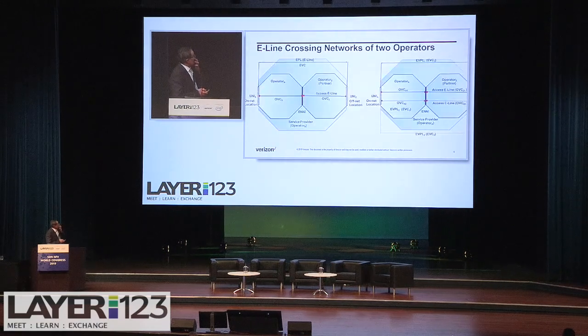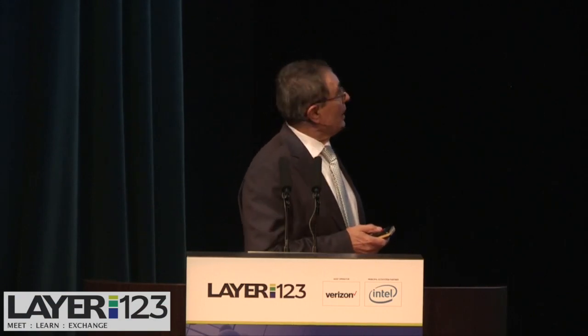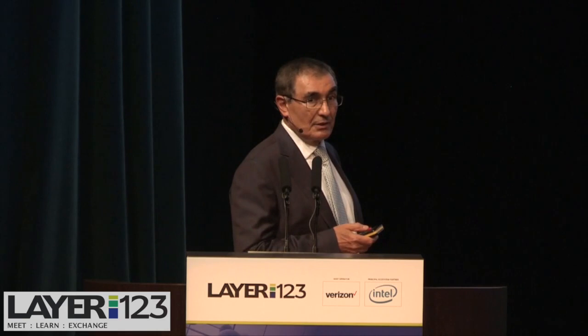And if you look at this diagram, let's say I have EPL or EVPL provided by two operators, and let's say the operator A on the left side is also acting as a service provider. Therefore, operator A is buying a circuit from operator B on the right side. And that's what we call the access E-Line service.